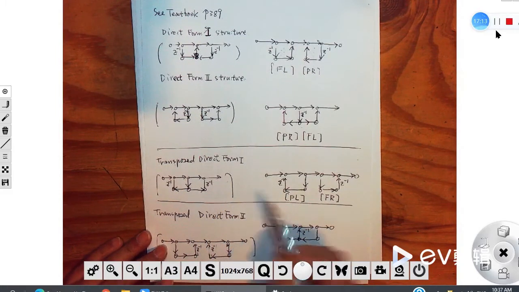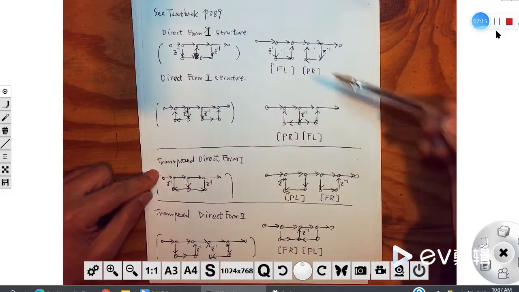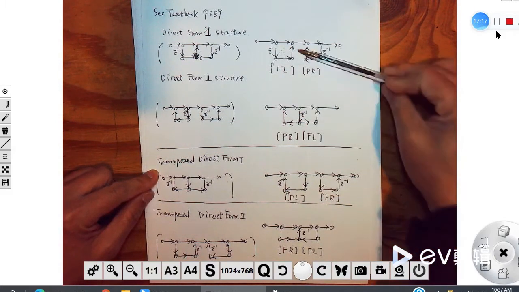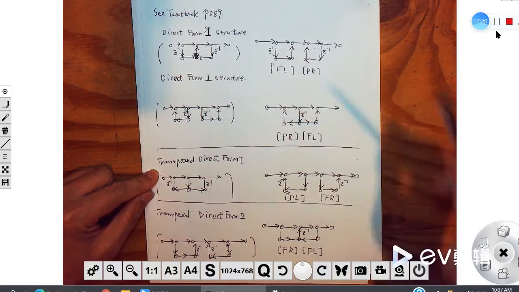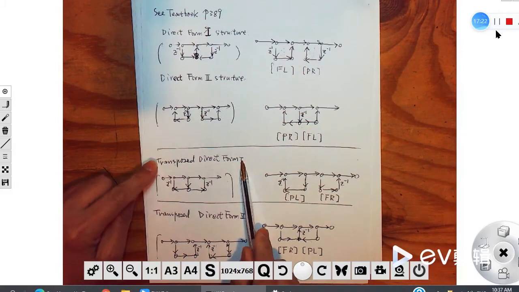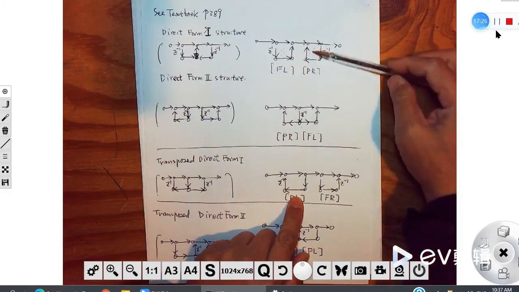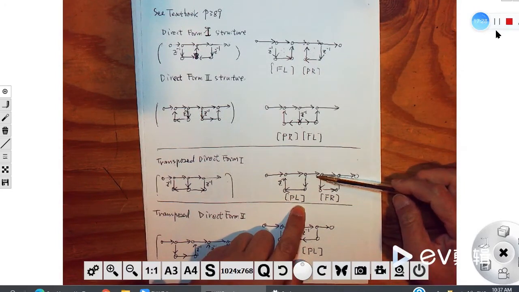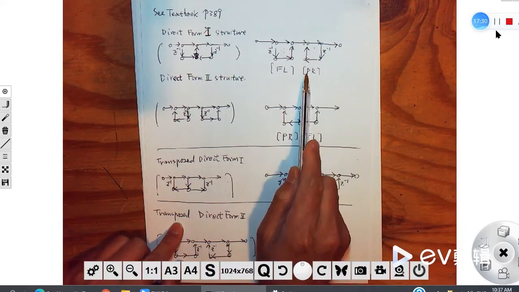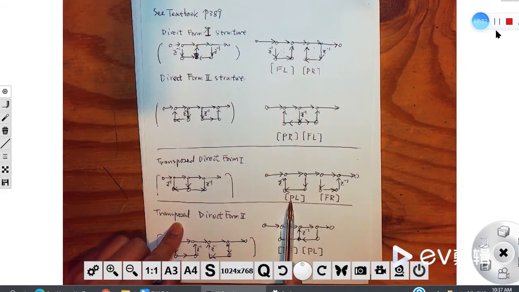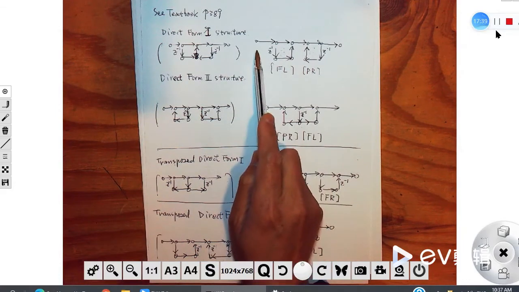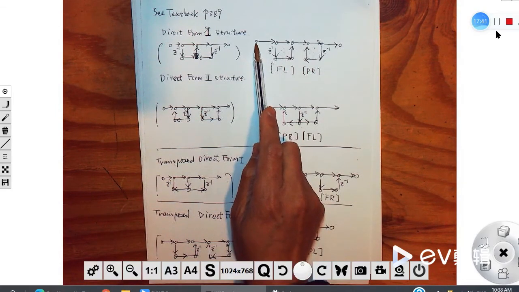Okay. Then why do we call them transposed? We compare with the first two without transposition. This is direct form 1, with transposed. You compare these two. This is P in the back, now P in the front. This is F in the front. This is F in the back, right? We think the left side is first, in the front, right?